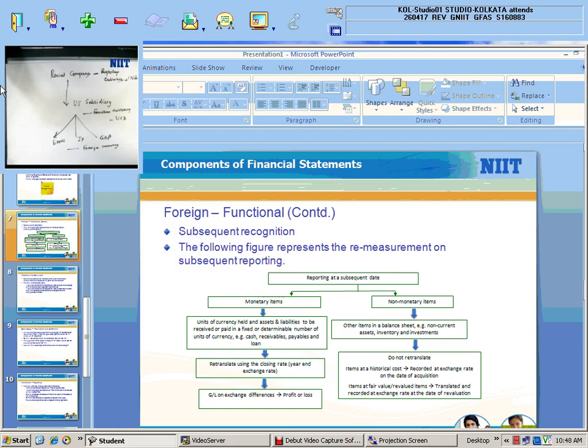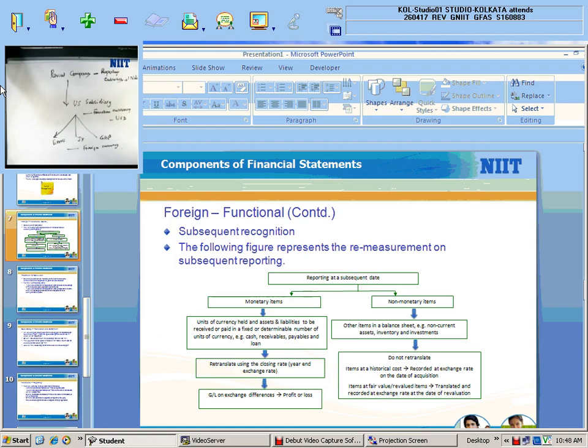They are offering foreign currency services to the customers. So they may be holding some foreign currency notes. So these are monetary items. Units of currency held and assets and liabilities to be received or paid in a fixed or determinable number of units of currency. For this, retranslation subsequent measurement has to be done using the closing rate, that is the year-end exchange rate.